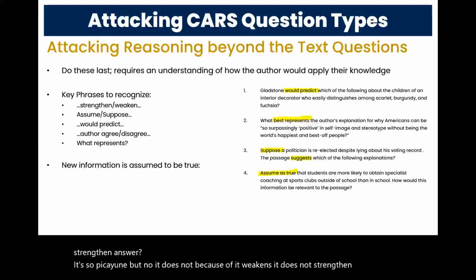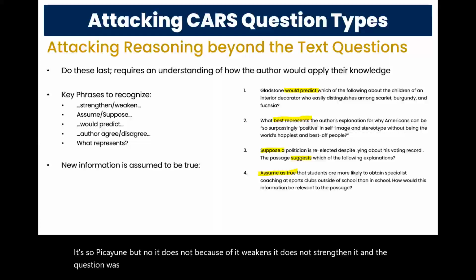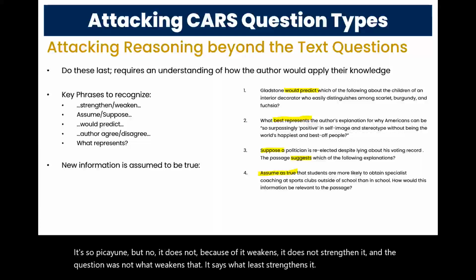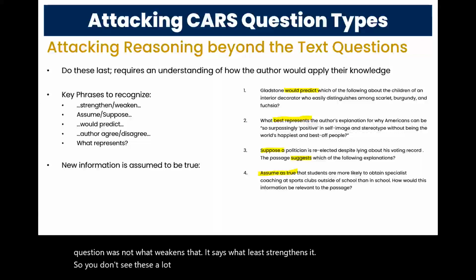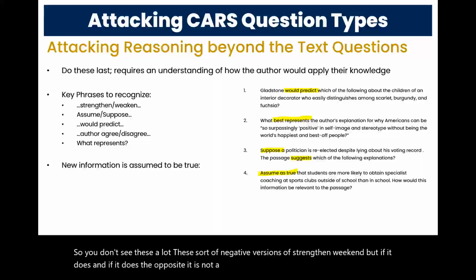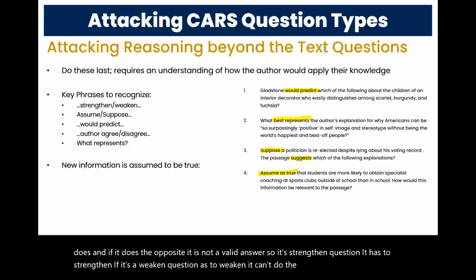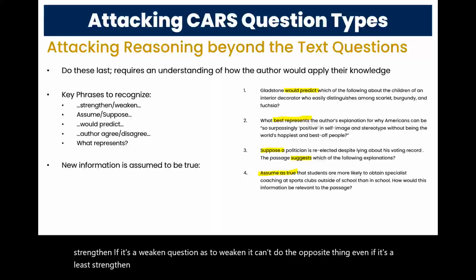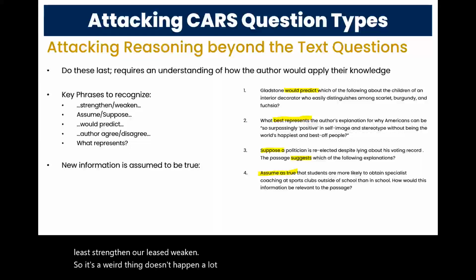And the question was not what weakens it, it says what least strengthens it. So you don't see these a lot, these sort of negative versions of strengthen and weaken, but if it does the opposite, it is not a valid answer. So if it's a strengthen question, it has to strengthen. If it's a weaken question, it has to weaken. It can't do the opposite thing, even if it's a least strengthen or least weaken. So it's a weird thing, doesn't happen a lot, but do watch for it.